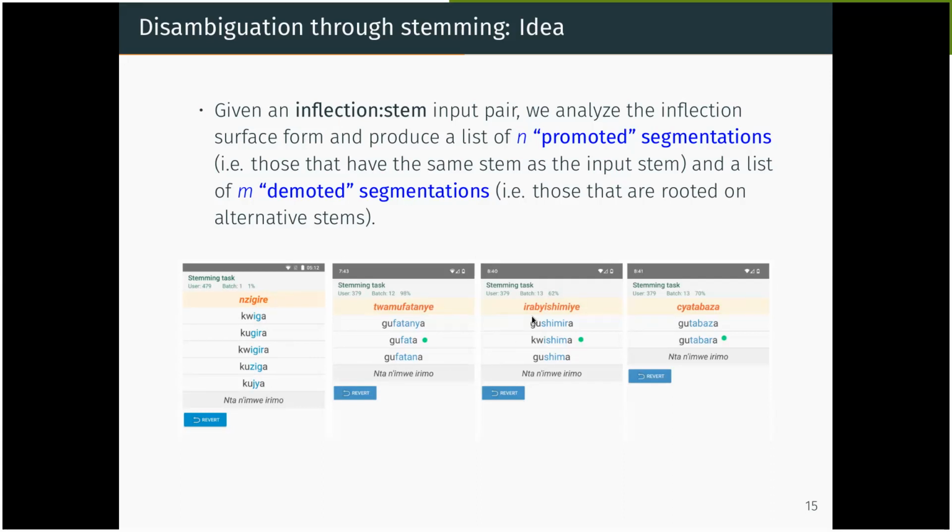So you have an inflection like this, irabyishimiye, and the data collection people have indicated that it's most probably kwishima, although it might have some aspects of others. But when you collect a big data set, you end up with probabilities. So what's the probability of this word having this stem?